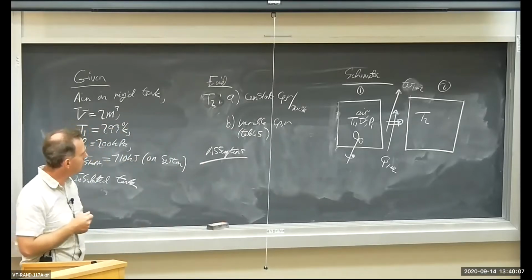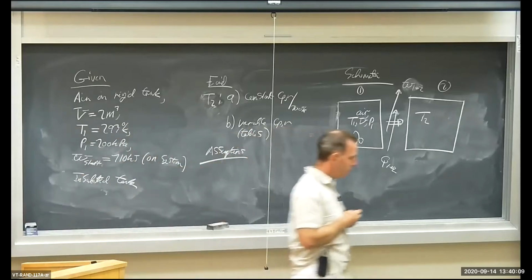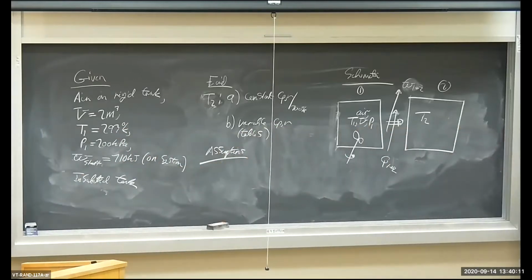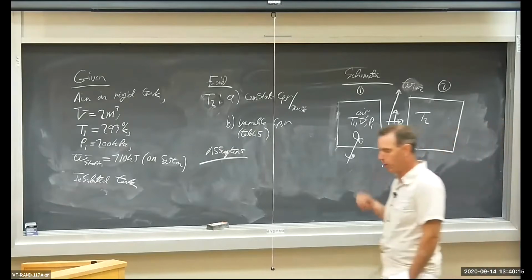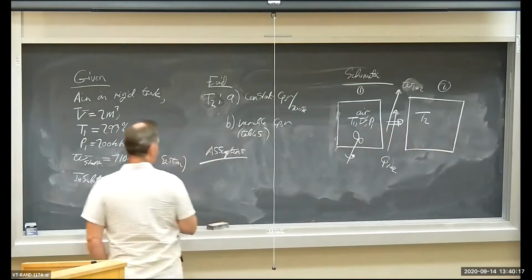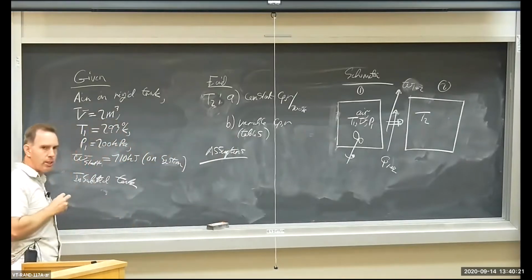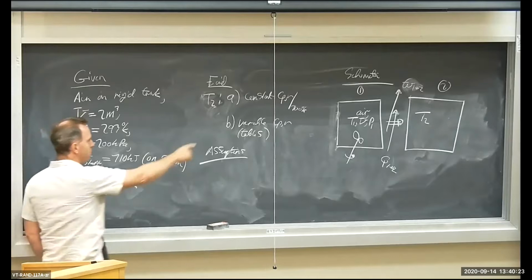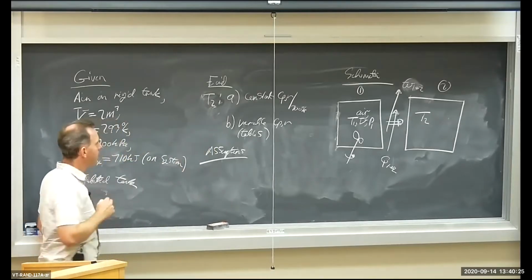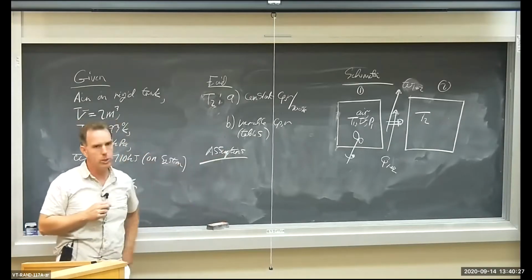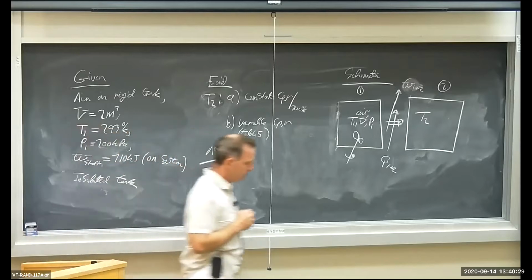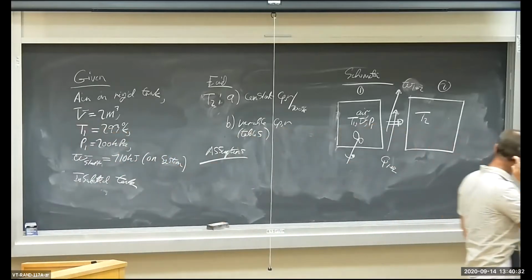So we'll initially do it assuming constant specific heat. The value for specific heat may be evaluated at room temperature, who knows? And then we're going to find the actual true temperature, T2, not the approximate temperature for constant specific heat, but the true temperature using air tables in the back of your notes, okay?